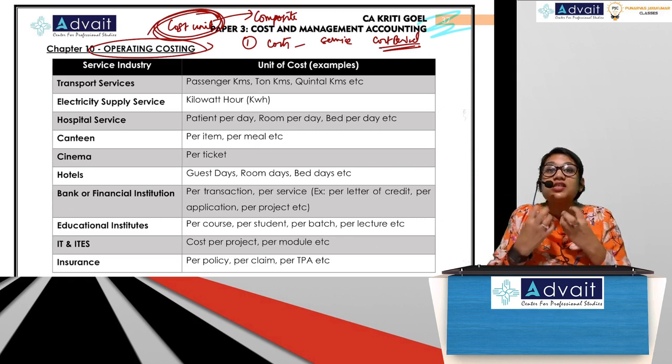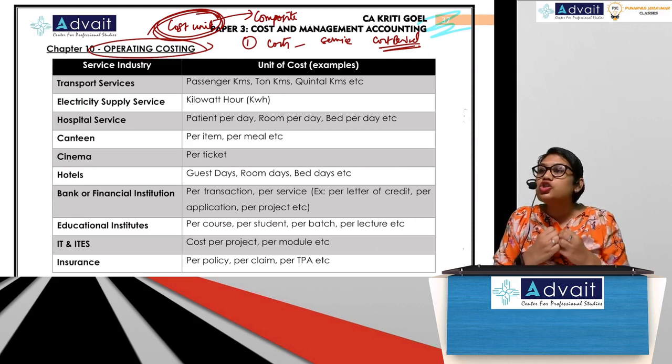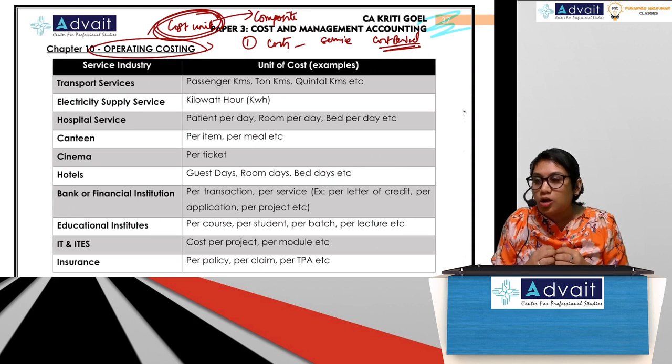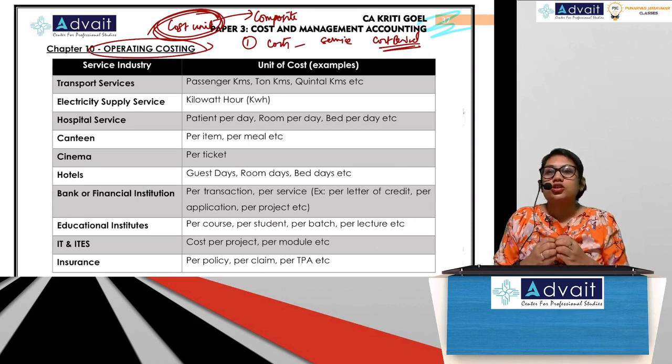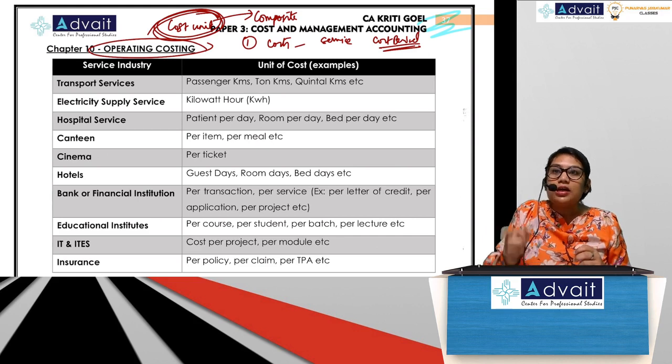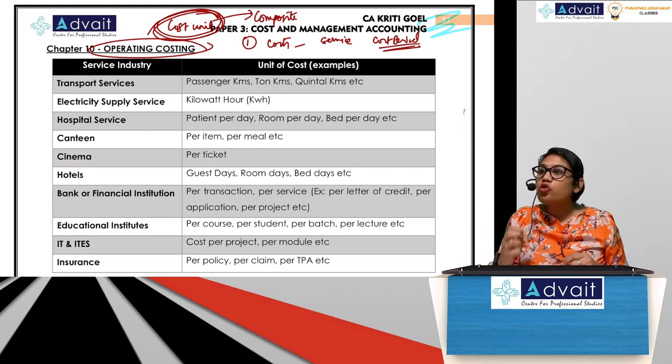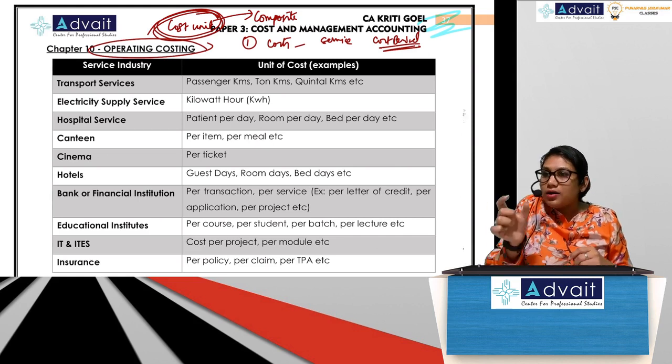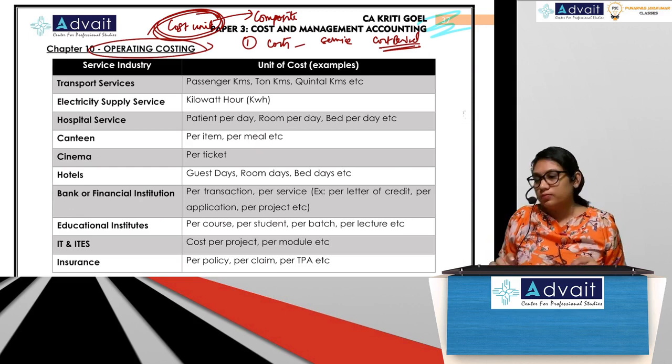But because it's a service, what would the cost unit be? If the goods are in tons, the most accurate way to calculate cost is to use the cost unit ton kilometers. That will give you the cost per ton per kilometer.